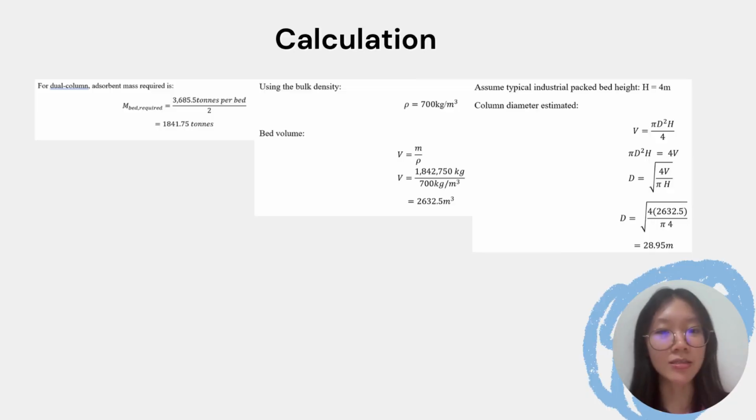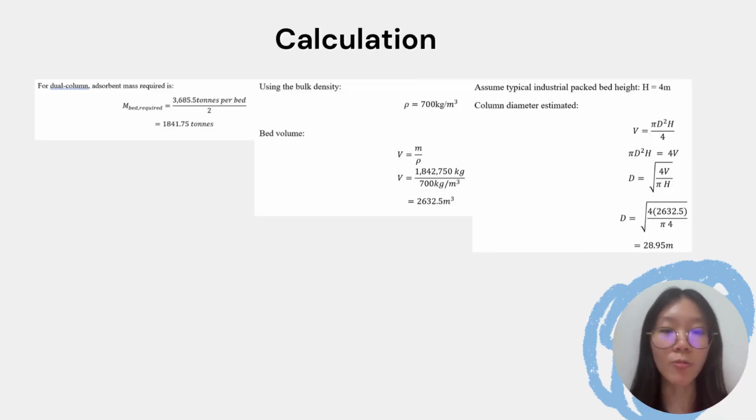To summarize, the preliminary column design consists of a fixed bed column with a diameter of 28.96 meters, a height of 4 meters, and a total bed volume of 2,632.5 cubic meters. The adsorbent selected is Zeolite 3A due to its high selectivity for water removal.